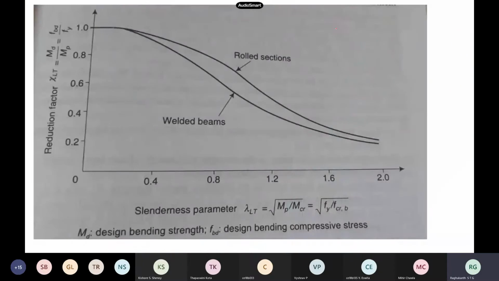So these are the buckling curves, like LTB curves, I should say, for beams. For columns we had 4. Now for beams we have 2, rolled section and welded section. Now for a given slenderness ratio, which is stronger, rolled or welded?